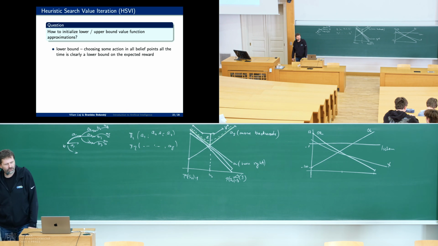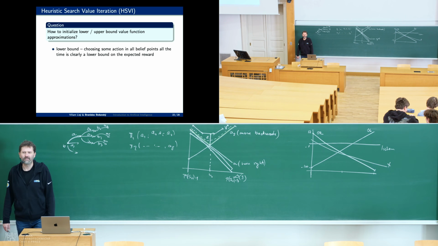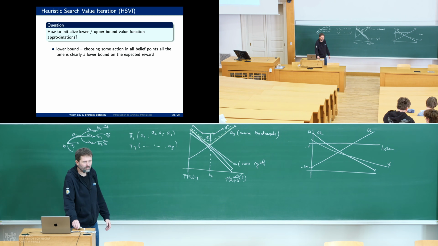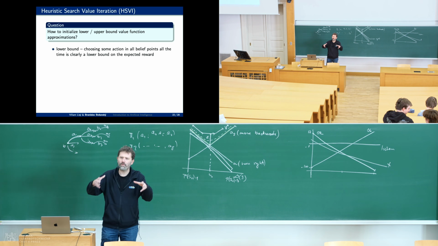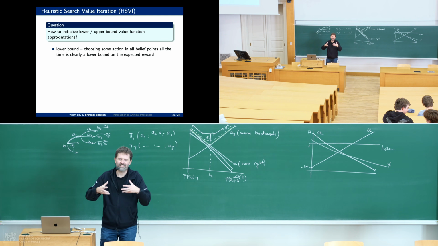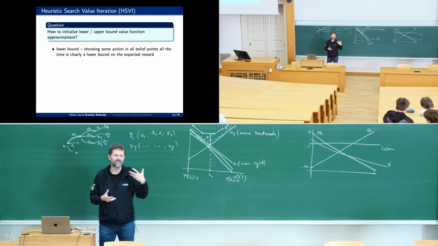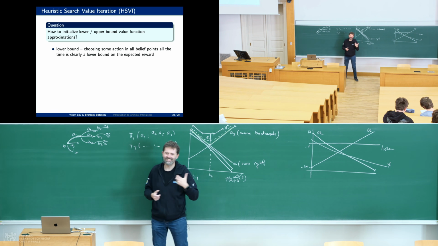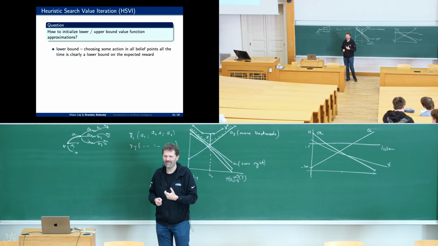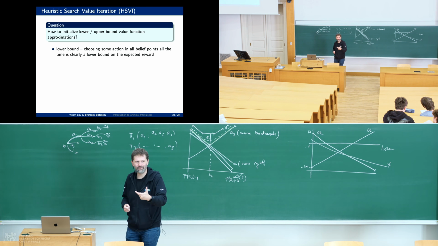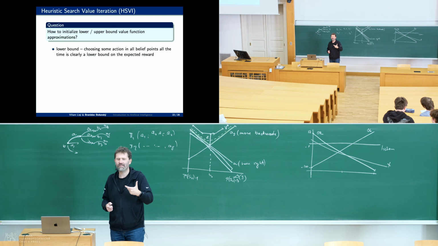How do we initialize the upper bound? The upper bound is again an upper bound on the expected reward of the optimal solution. This is something that you have already seen during this course, because an upper bound on the optimal solution is basically some optimistic heuristic.